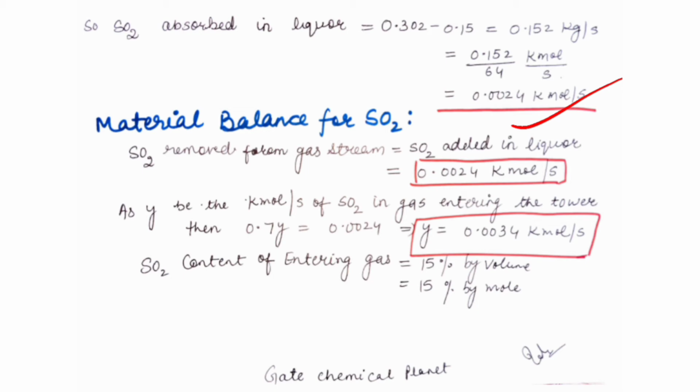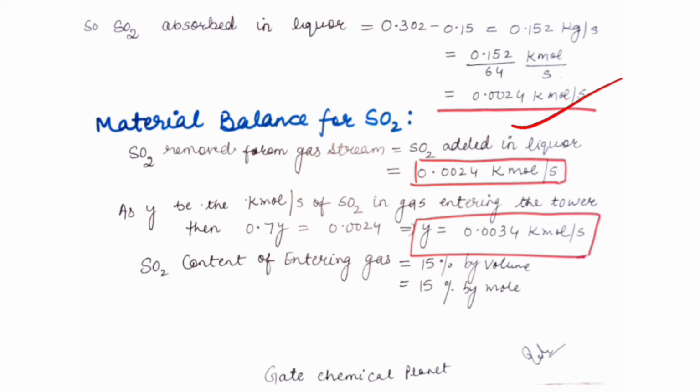Now we will apply the material balance for SO2. The SO2 which is removed from the gas stream is equal to the SO2 added in the liquor, so we have the value 0.0024 kilomoles per second, which we have already calculated.